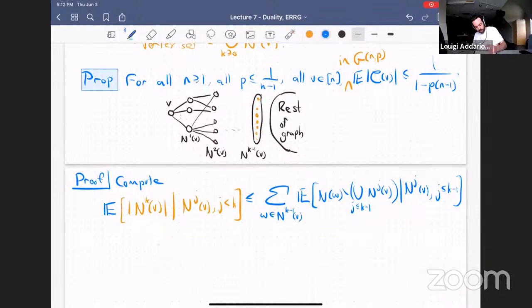So this is just the size of N_{k-1} of V times, for a given vertex in N_{k-1} of V, a binomial number of neighbors in the rest of the graph with success probability P. So for each vertex in the rest of the graph, we add an edge with probability P, and the number of such vertices is n minus the size of this union.